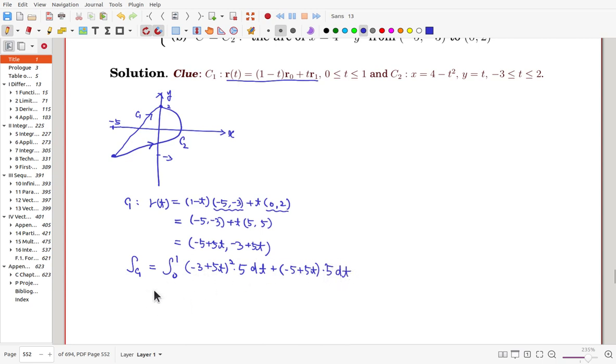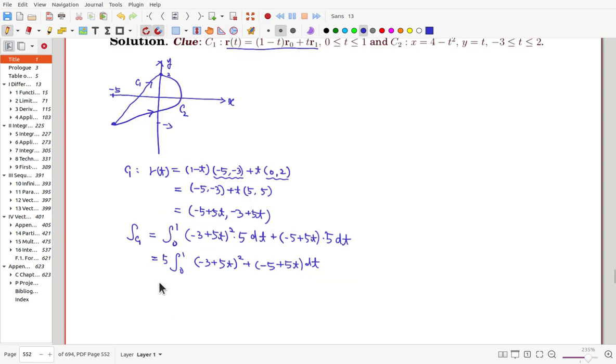So we can put 5 outside, and the integral from 0 to 1 of (minus 3 plus 5t) squared plus (minus 5 plus 5t) dt. You can simplify this one, and quite easily you can get the solution.